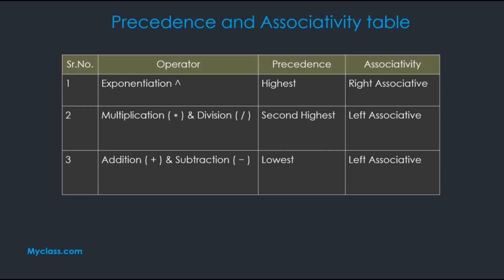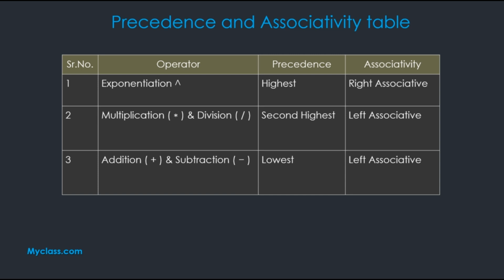Now this is the precedence and associativity table. The exponential operator has the very highest precedence with right associativity. When we consider an expression with the exponential term, we calculate from the right side.